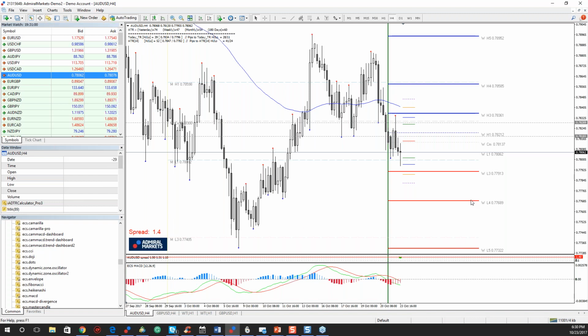But 77.70 is the target, weekly L4 for buy trades. Again, weekly L4, 77.70. I hope that the price will make its move during these few days, but it should happen ideally before Wednesday.